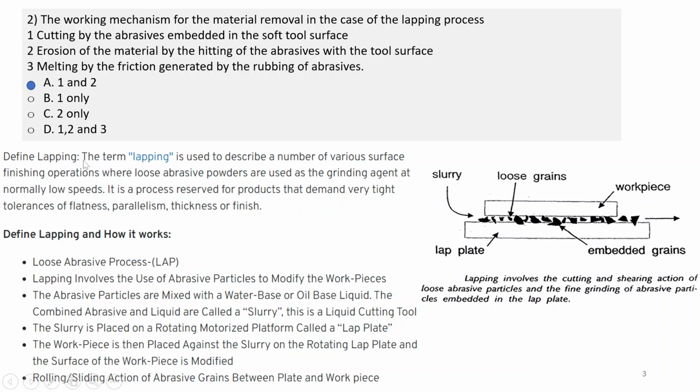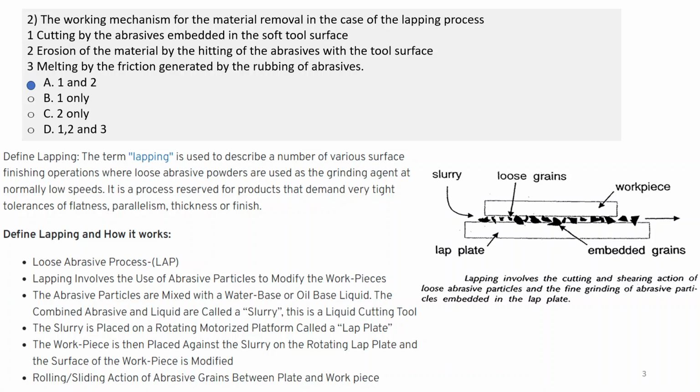The term lapping is used to describe a number of various surface finishing operations where loose abrasive powders are used as the grinding agent at normally low speeds. It is the process reserved for products that demand a very tight tolerance of flatness and parallelism and thickness or finish.